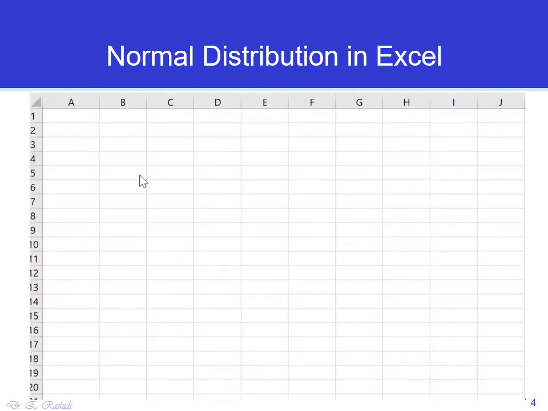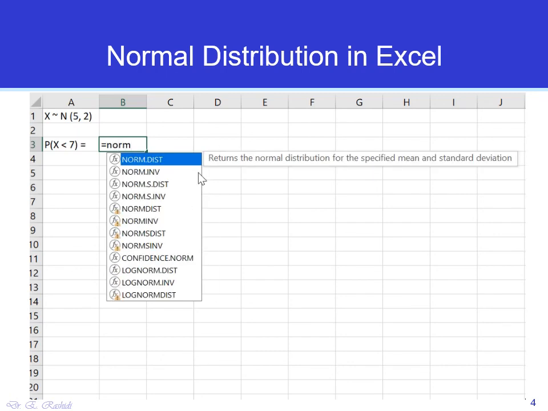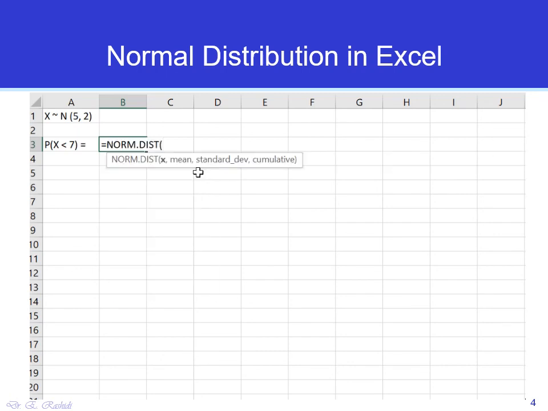Let's now use Excel to find the probability here, normal distribution. So suppose that we have the same problem, that x is a random variable that follows a normal distribution with an average of 5 and a standard deviation of 2. Now we want to find, for example, the probability that x is less than 7, which is our previous example. So we're going to put norm.dist.